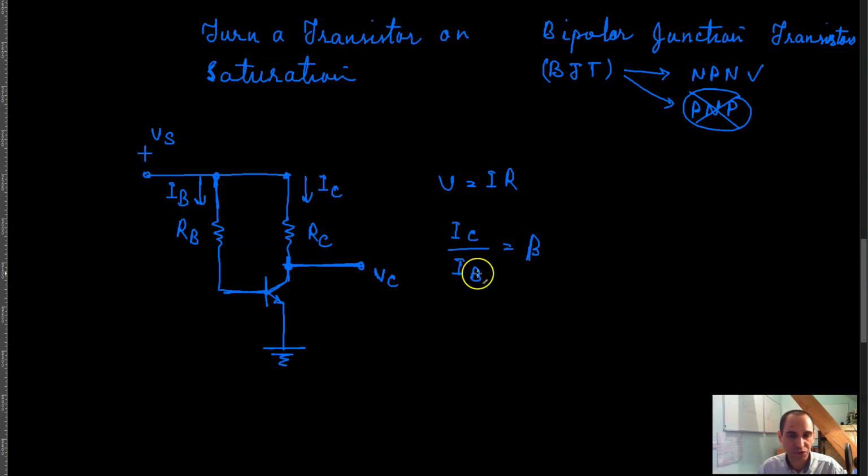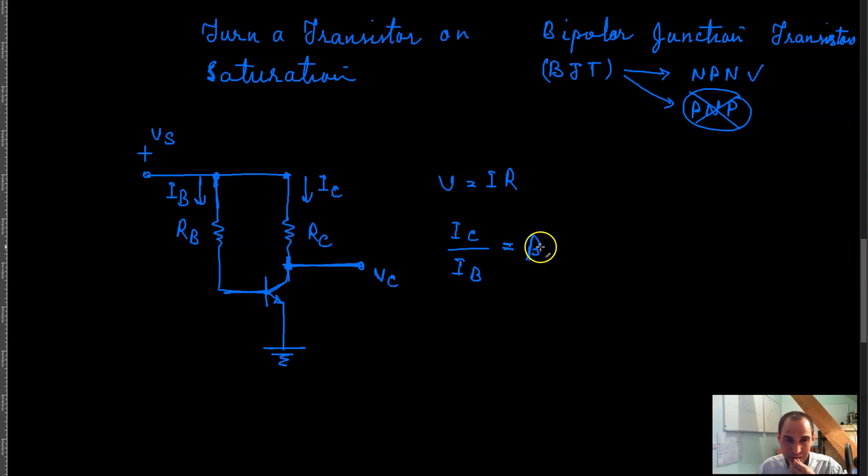This gain factor is set for every transistor part number that you might have. For some transistors the value of this beta is, for example, 50. For some transistors it's equal to 100. For some it's 200, 300, and so on and so forth, right?